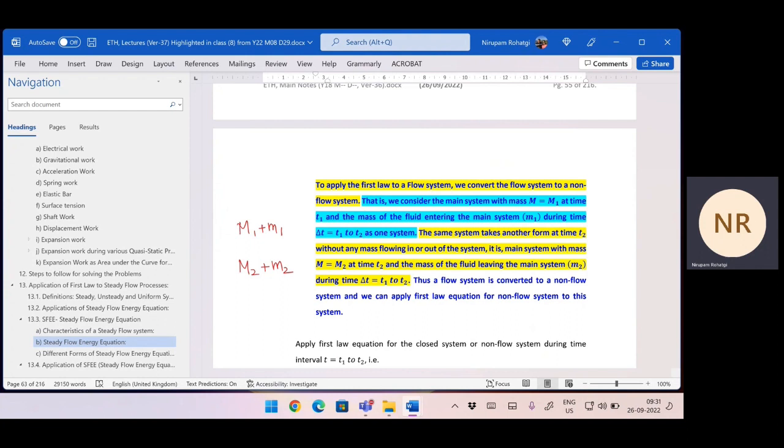Then the system is closed. If you put both these systems together, there is nothing else going in or coming out. So the initial system is M1 plus m1, and at the end of the time, the system is M2 plus m2.